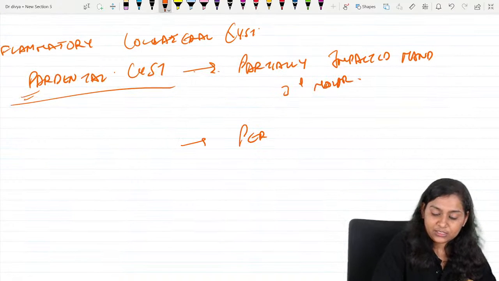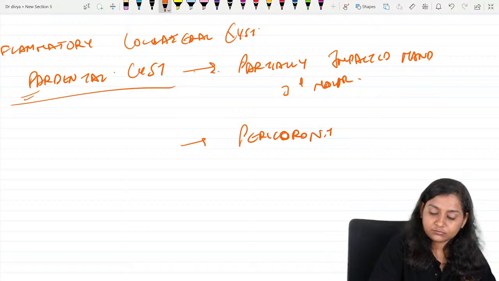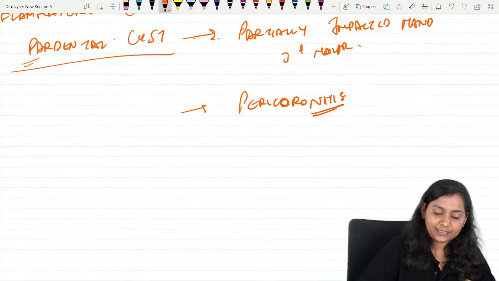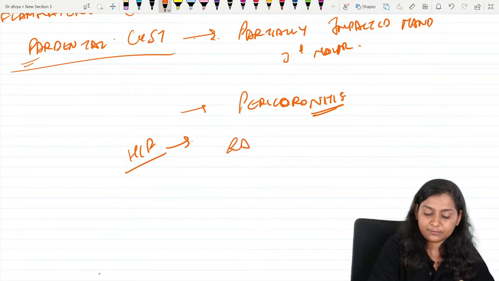Remember, partially. Pericoronitis can lead to the paradental cyst, and histopathologically it is similar to the radicular cyst.